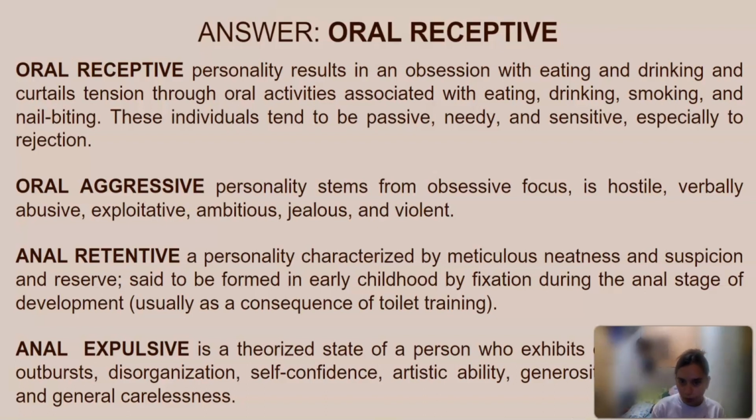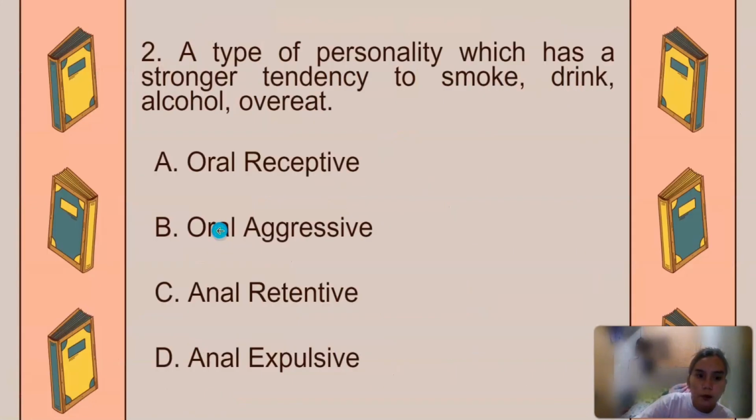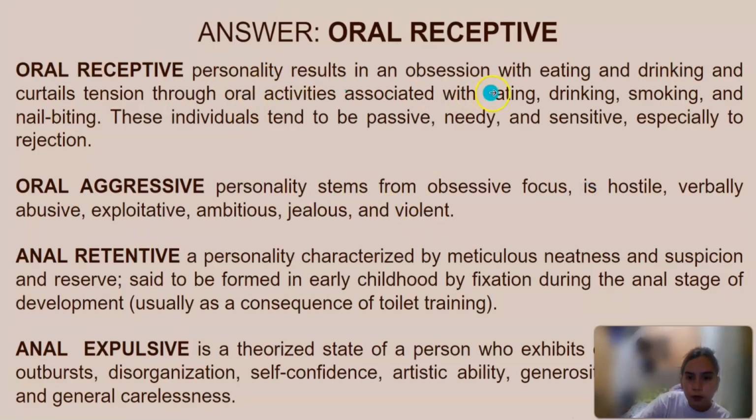As you can see, the question here focuses on the personality which has a stronger tendency to smoke or drink alcohol or overeat. And as you can see in the meaning, oral receptive is most likely associated with oral activities. And the question itself has eating, drinking, smoking.